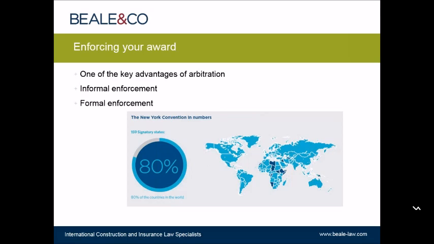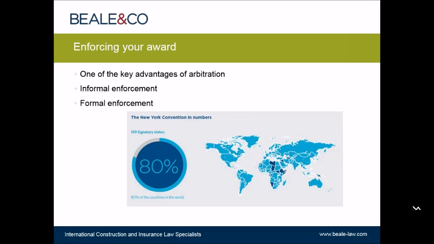Depending on the nature of the party's relationship, you could try applying diplomatic or reputational pressure to the unsuccessful party to push them to comply with the arbitration award. You could also try negotiating a reduction in payment, reflecting the costs saved by not pursuing formal enforcement proceedings.